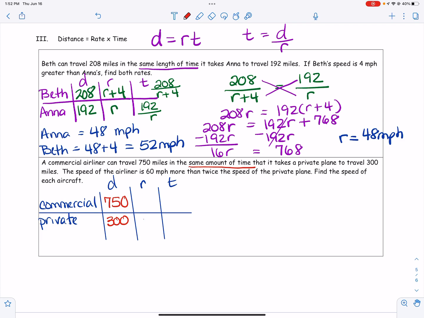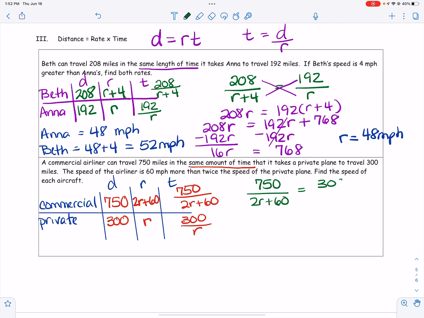So we're going to have the private plane be R, and then the commercial is going 2R plus 60. So now we take our time as defined as the distance divided by the rate, and the distance divided by the rate. And since it says same amount of time, we're going to set these two times equal to each other.